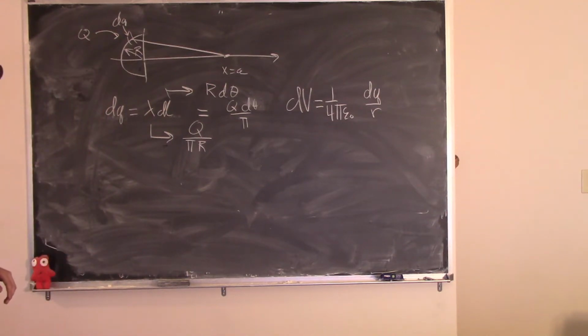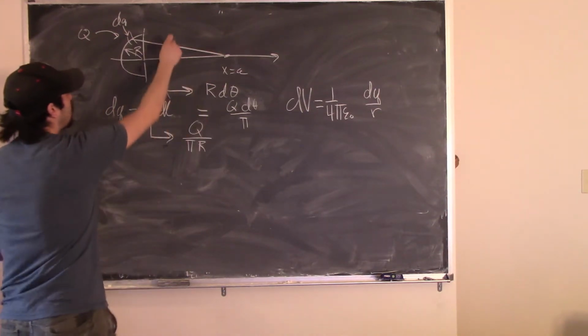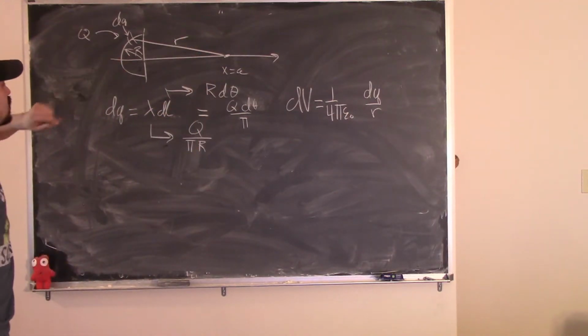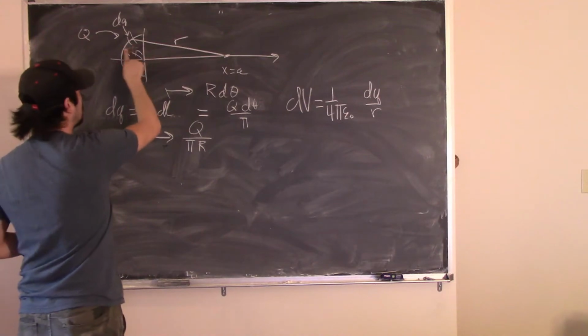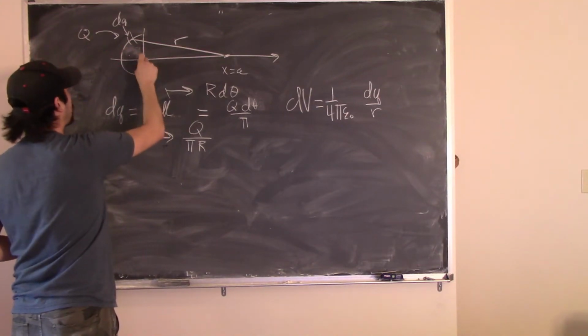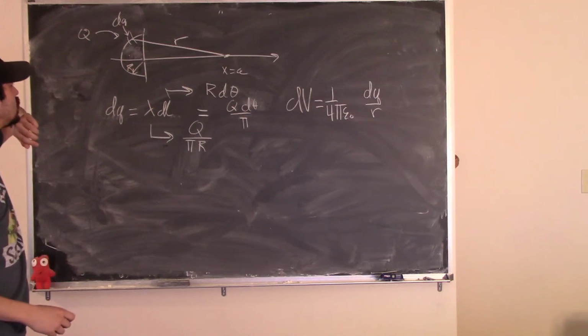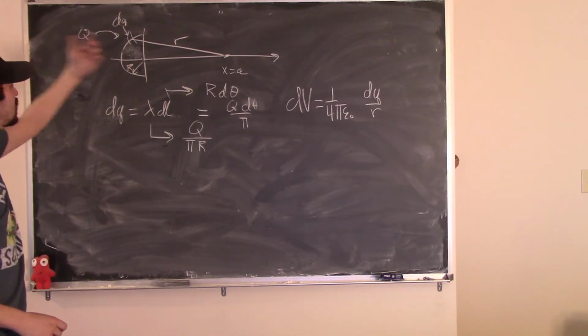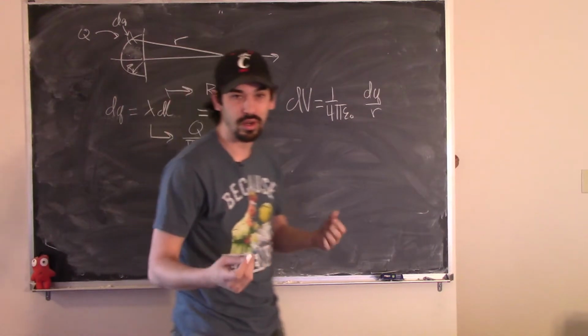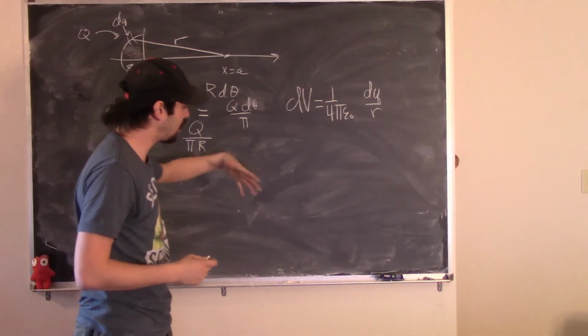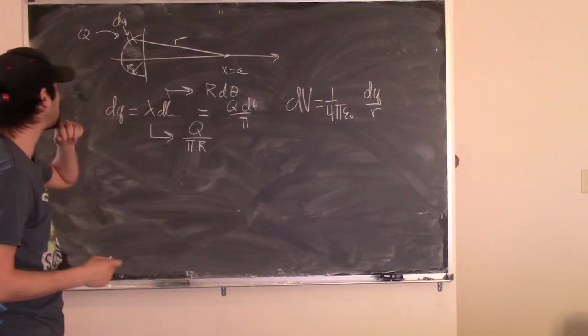In order to do that, we need to figure out what this r is. To find it, I'm going to get rid of this capital R here. The first thing I need is some kind of right triangle where I can find r with the Pythagorean Theorem.